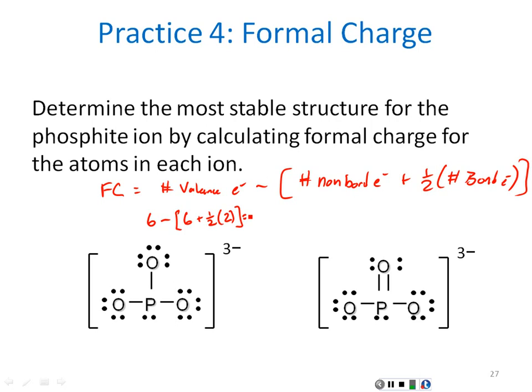And what does that equal? 6 minus 6 plus 1. That would be a formal charge of -1. So all three oxygens have a formal charge of -1.